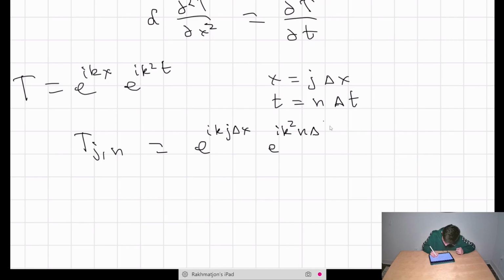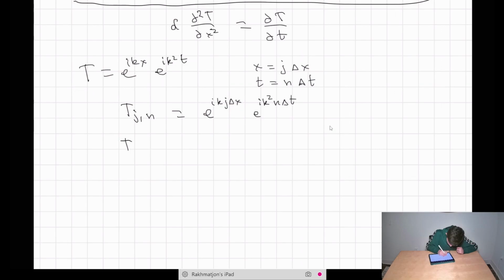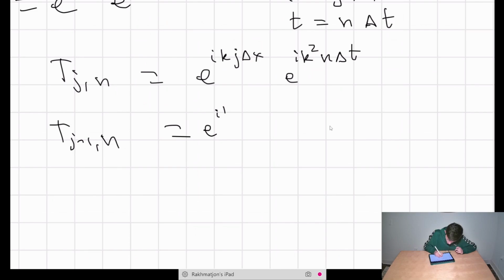We also have the temperature at j minus 1 and n, that is going to be e to the i k (j minus 1) delta x times e to the i k squared n times delta t.